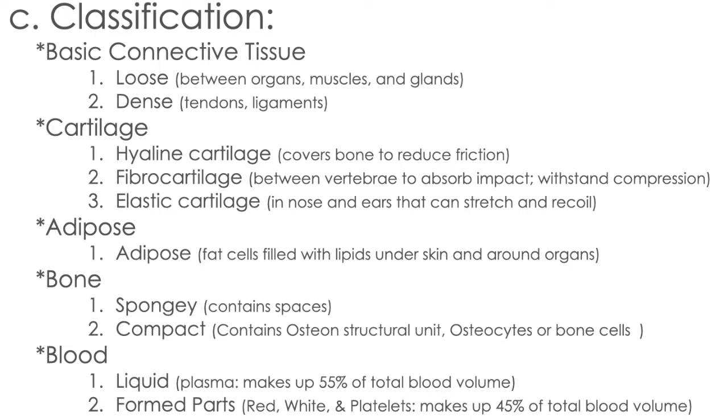Then we have elastic cartilage, or elastin cartilage. This is found in the nose and the ears. Now, I think it's a common misconception that people say that elastic cartilage doesn't stop growing. I don't know if that's true, but what I have heard is that it does stop growing.